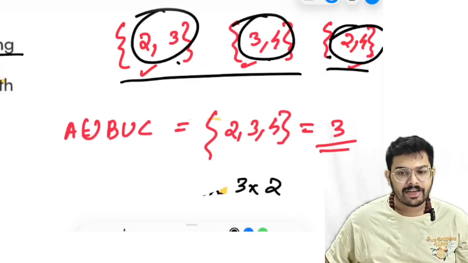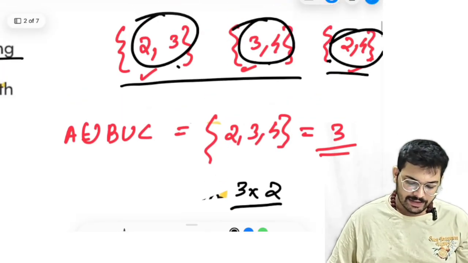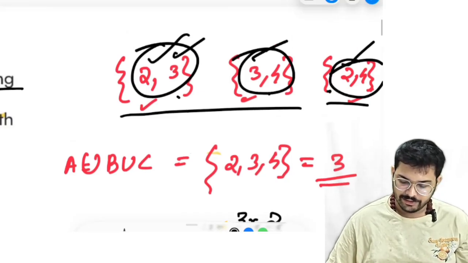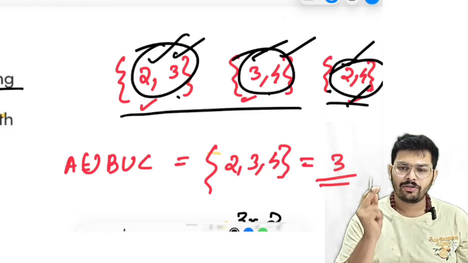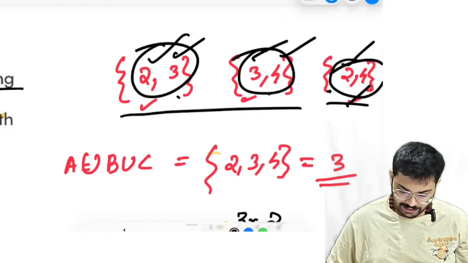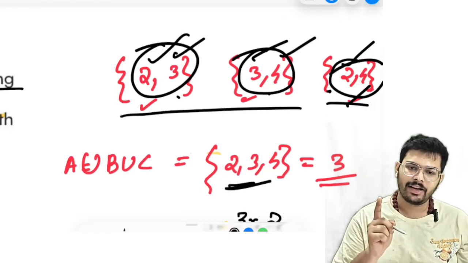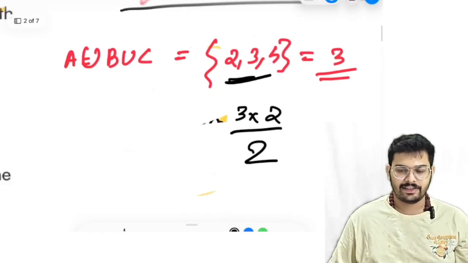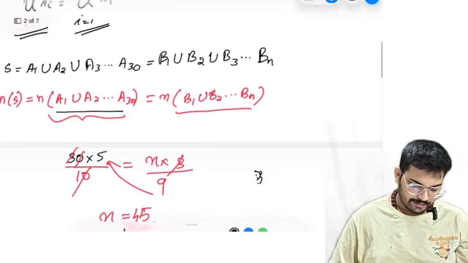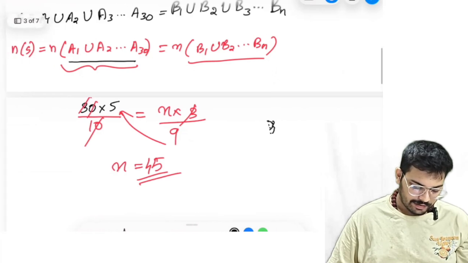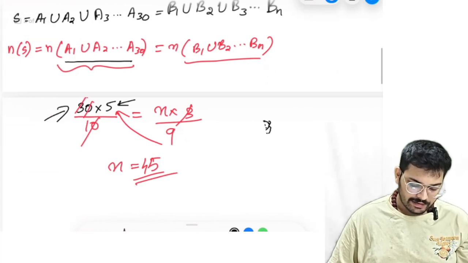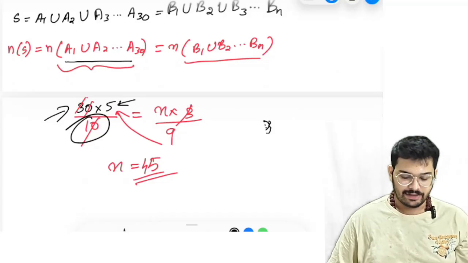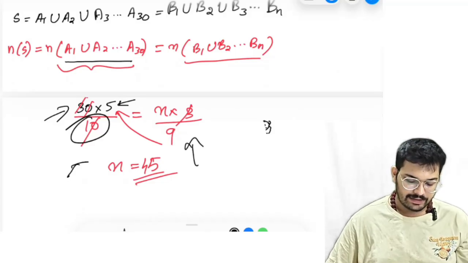There are 2 elements each. And each element is repeated how many times? 2 is repeated 2 times, 3 is repeated 2 times, 4 is repeated 2 times, which means each element of the union set is present in 2 of such sets. That's why I will be dividing by that. Here, the same logic works. We multiply the number of sets with the number of elements in each set, divided by how many times each element is repeated. That will be applied on both sides, and we will get the solution.